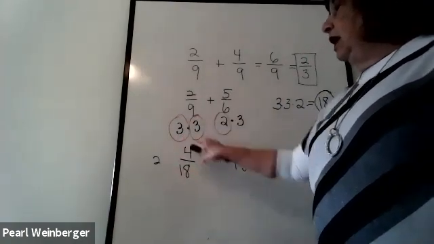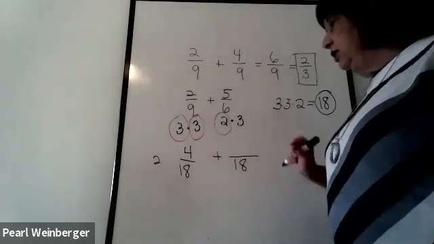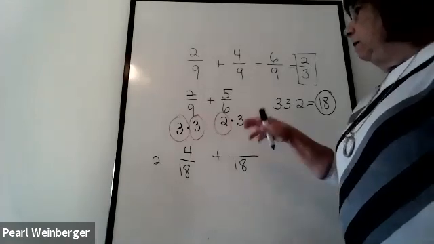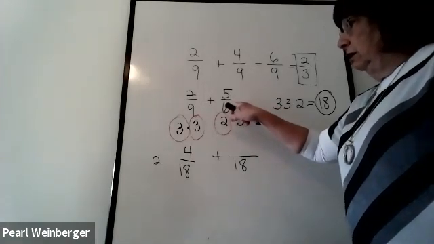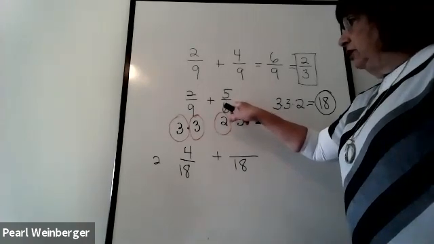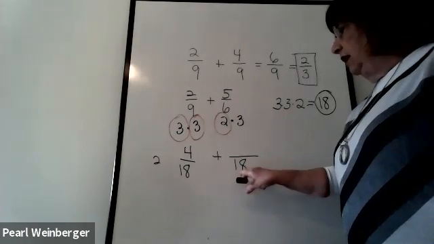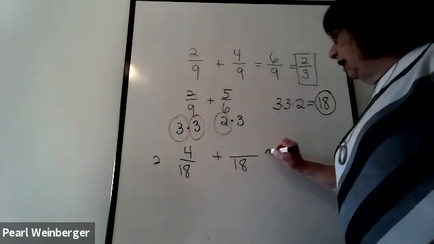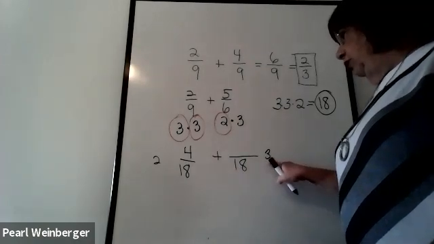But we want to get this not reduced, because we want to make sure the two fractions have the same denominator. I then do the same thing I did with my first fraction. I take the 6 from this denominator and divide it into the 18 to see what I multiplied by. And obviously I multiplied by 3.